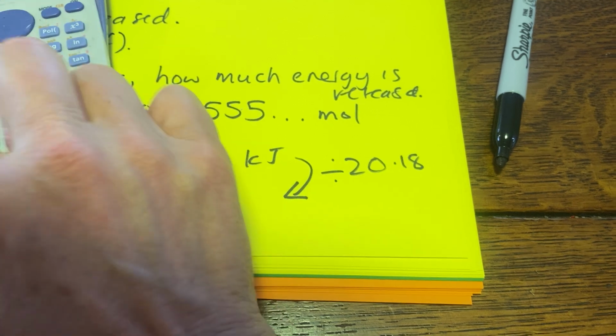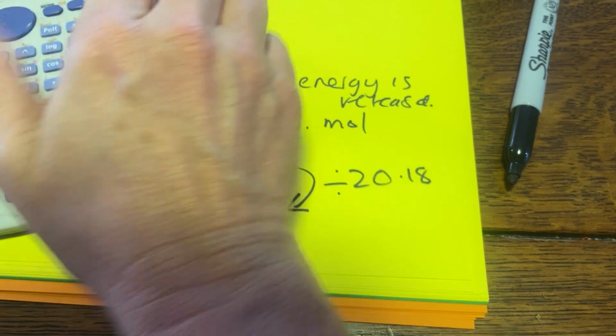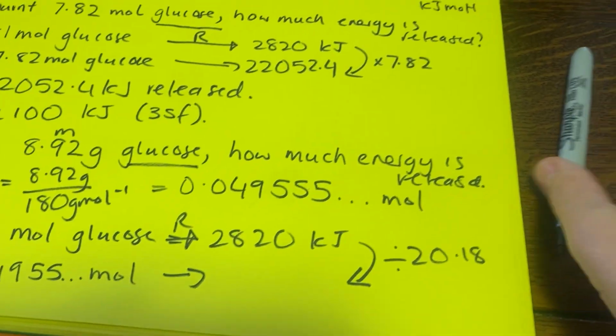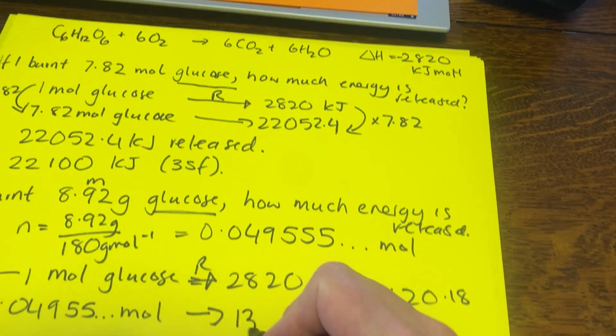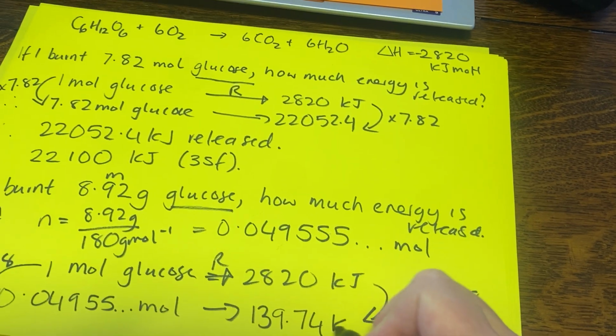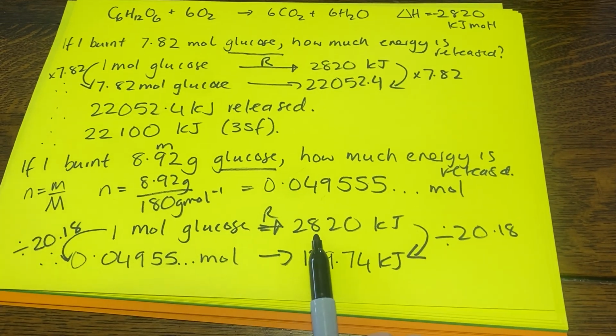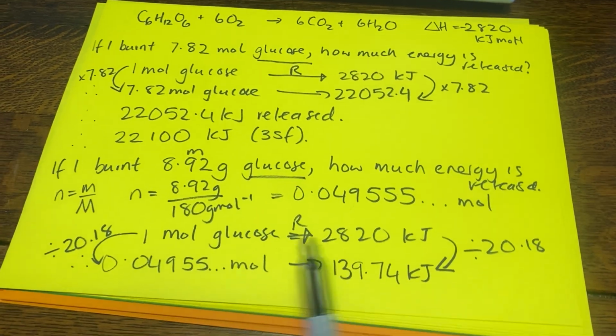So 2,820 divided by 20.18 equals 139.74. It looked a bit funny to me, but then I thought about it. So does it make sense that if I burn 1 mole of glucose, I release 2,820?